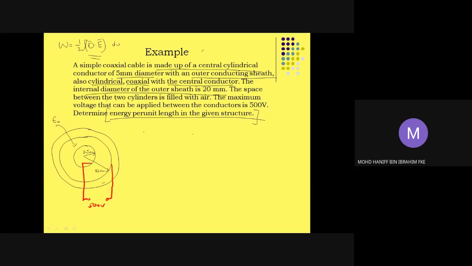You can refer back to my videos or lecture notes, that electric field intensity E is given by rho s of 2.5 millimeter divided by epsilon naught r, in the direction of r. This is based on the use of Gauss's law, for a region of r between 2.5 millimeter and 10 millimeter.